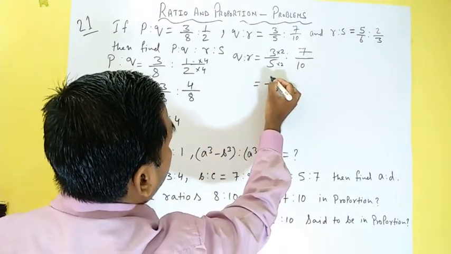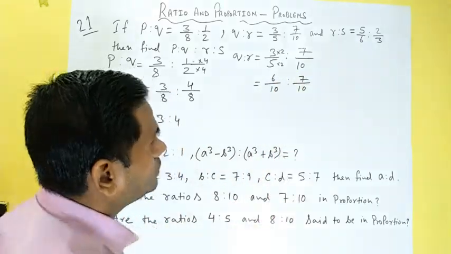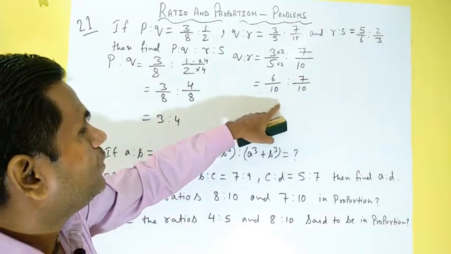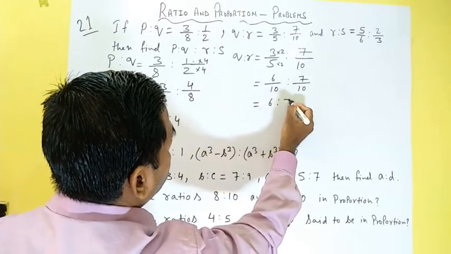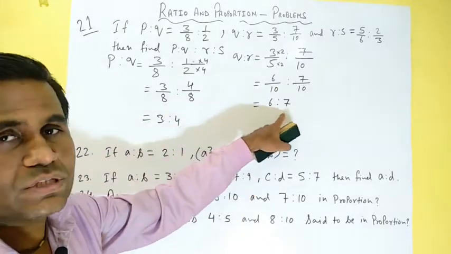So this will become 6 upon 10 is to 7 upon 10. Okay, now denominators will be cancelled. It will become 6 is to 7. So for Q is to R, we got a new ratio 6 is to 7.